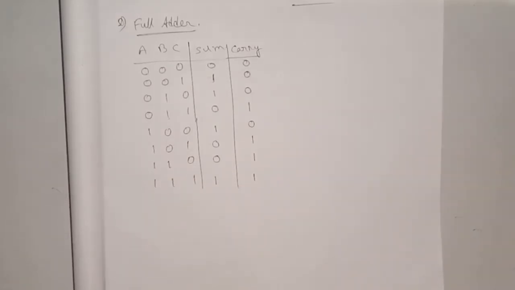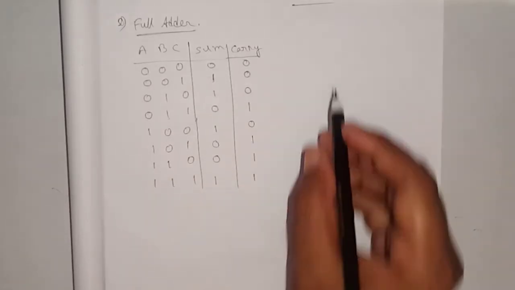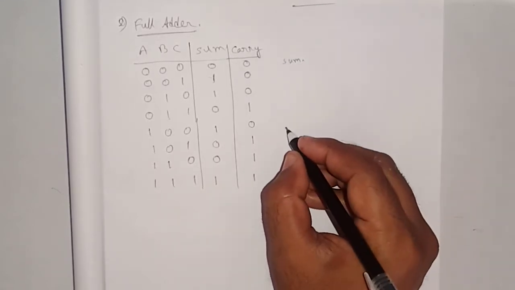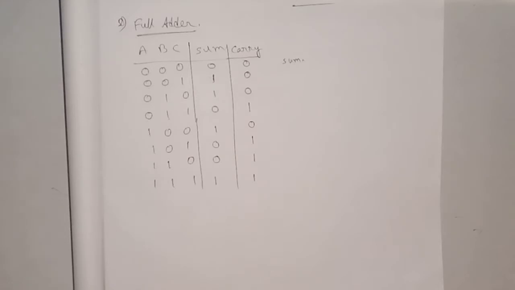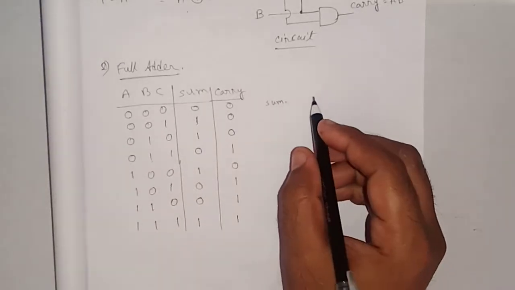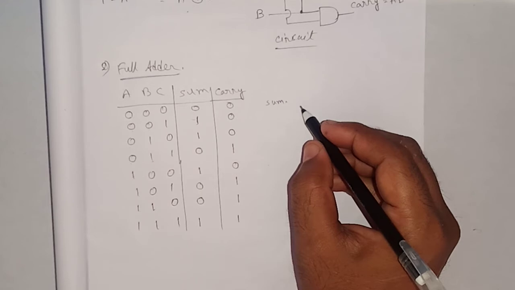Now we need to write the formula of sum and carry. Sum and carry we can write easily. Sum I'm writing as the sum value. After solving the expression, I will tell you the solution.